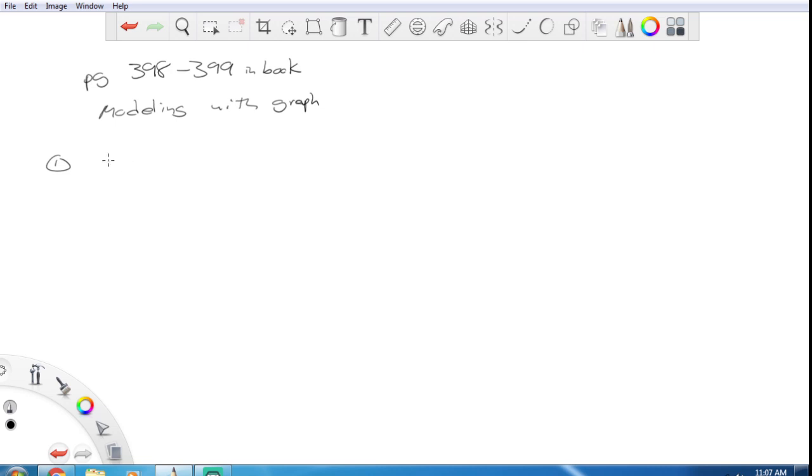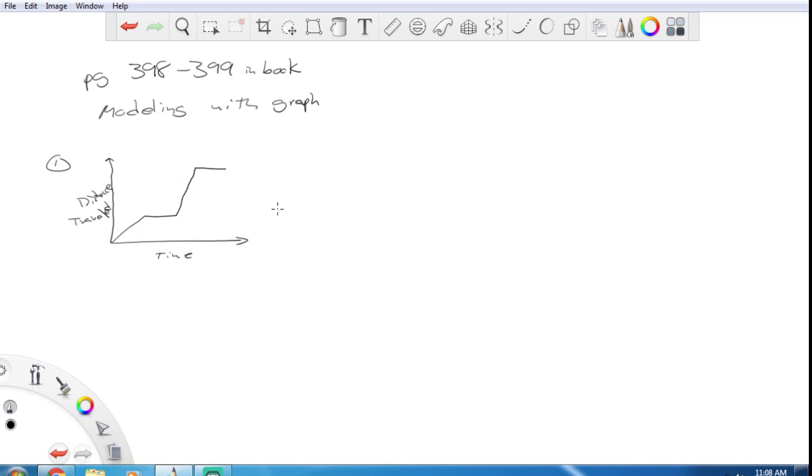Number 1 says to describe this graph here, looking at it and giving a scenario for this graph. It gives you time over here, and it gives you distance over here. Actually, this is distance traveled, which is a little different than distance. So that's the total distance traveled.